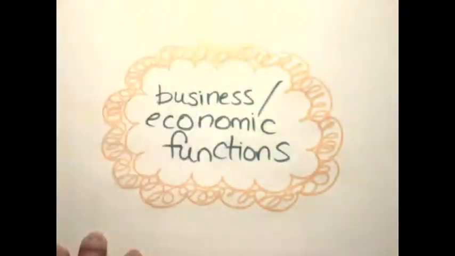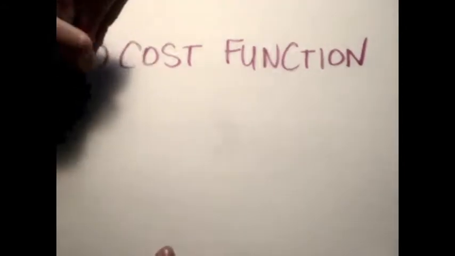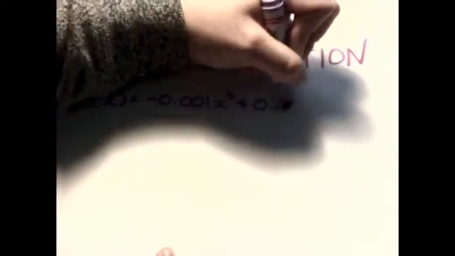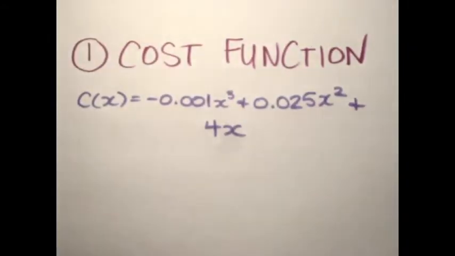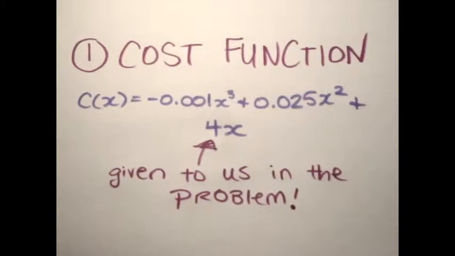So before I get into solving this problem, I wanted to take a look at the different business economic functions that we're going to use in order to solve the problem. The first function that we look at is called the cost function and is modeled by C of x equals negative 0.001x cubed plus 0.025x squared plus 4x.